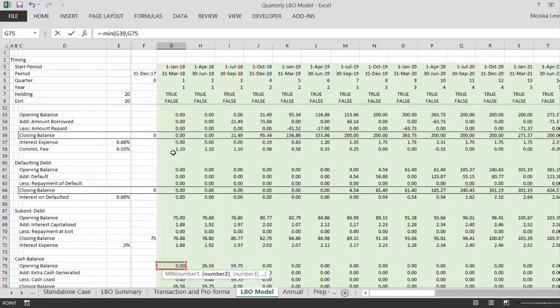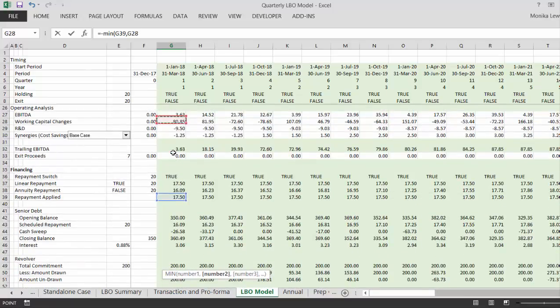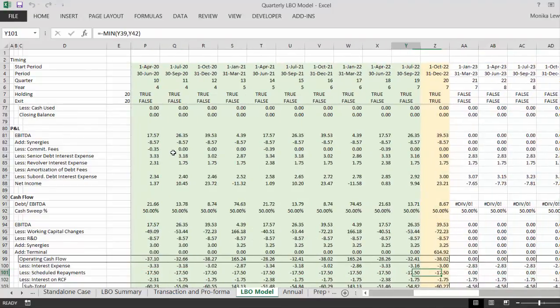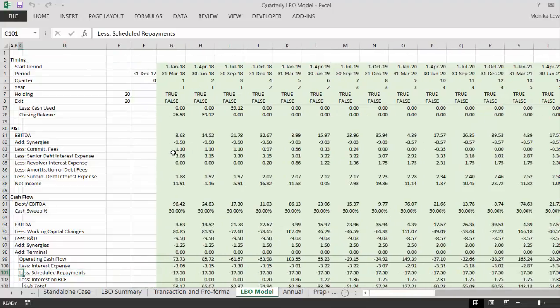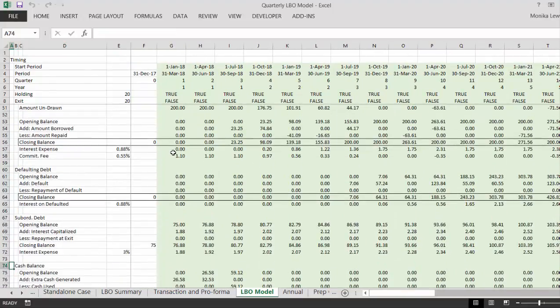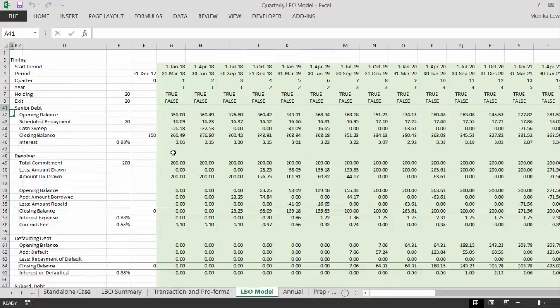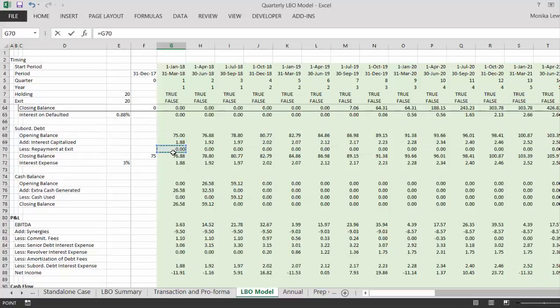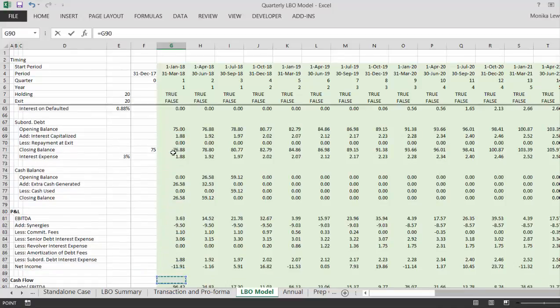So we make sure that we never pay off more than the opening balance. And the reason that's an issue is because if we have a cash sweep, now let's wait. And then let's be consistent on this whole thing. So virtually every little thing down here will then come from down at the bottom. It will come from the cash flow statement, okay?